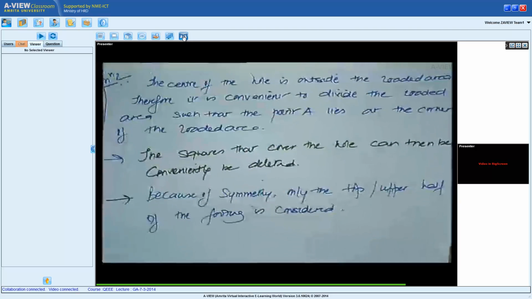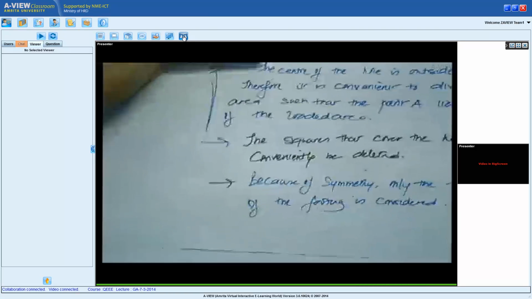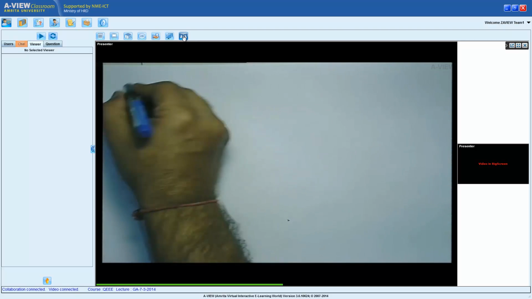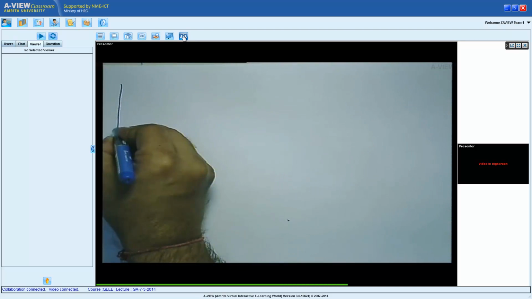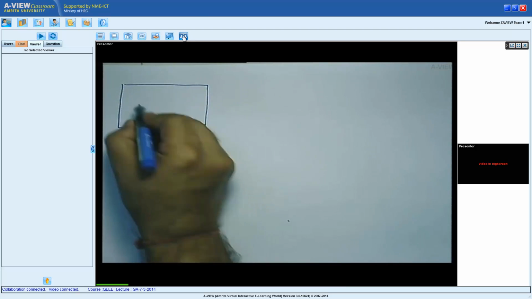So for this, let me just draw the figure. I'm going to change this page. The figure is, that's the hole.